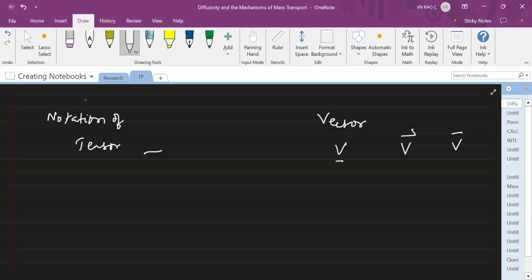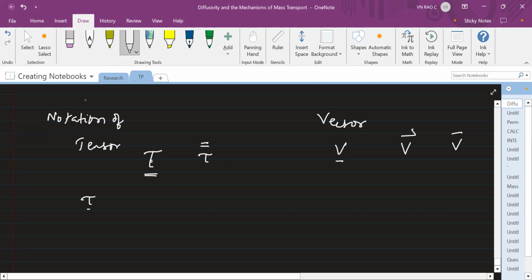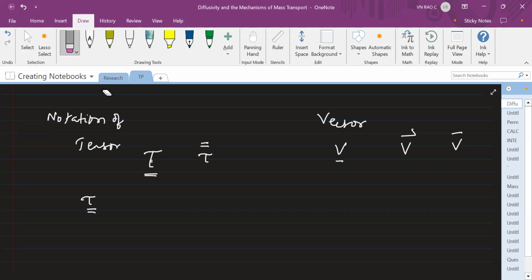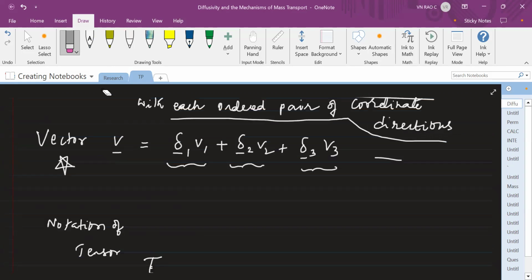Suppose a tensor is denoted with tau, see tau. So, how do we understand whether it's tau? So, we can write double lines at the bottom, or we can write double lines at the top. So, let us assume writing double lines at the bottom. So, the tensor.